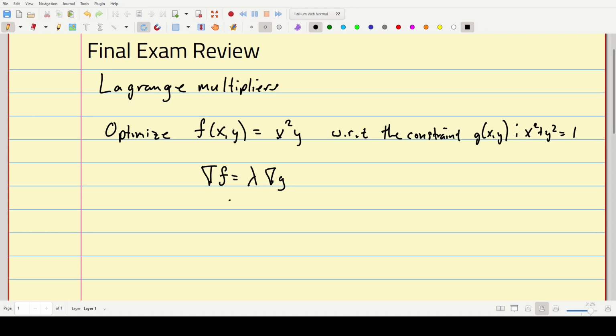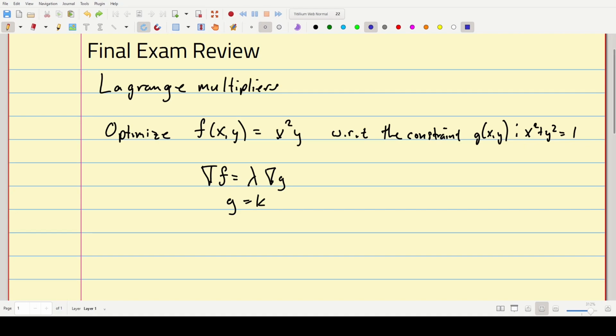And then you also use the constraint, function g equal to the constant, as your last equation. What you end up with is a number of variables equal to the number of independent variables in your two functions, plus an extra variable for lambda. That's why you need the last equation for the constraint.